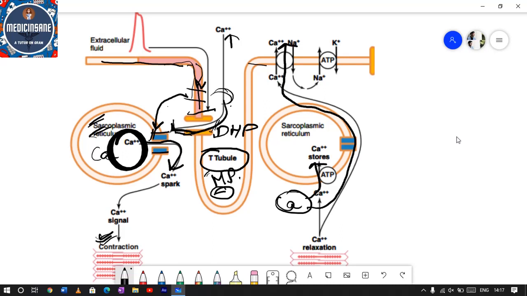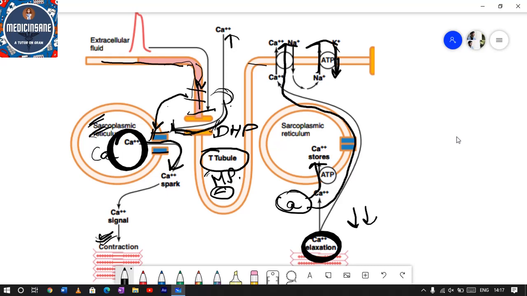Now, we also know that the sodium, which had come inside with the help of fast sodium channels during depolarization, will be pumped outside with the help of the sodium potassium ATPase pump, and the potassium will be pumped inside. So this is happening and the calcium availability is going to decrease, due to which the relaxation phase is going to take place. So this is clear, right?